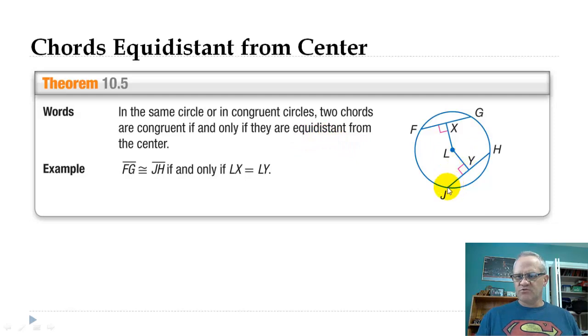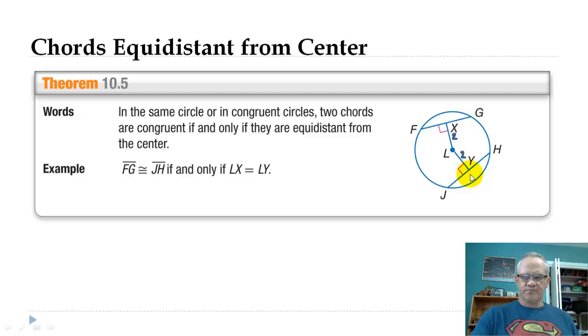So if you look at these two chords, JH and FG, they are congruent if the distance from L to the chord at a 90-degree angle is the same as the distance from L to this chord at a 90-degree angle. If those two are the same, like let's say this was 2 and that was 2, then we would know FG has to be congruent to JH.